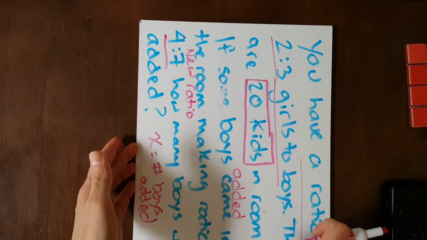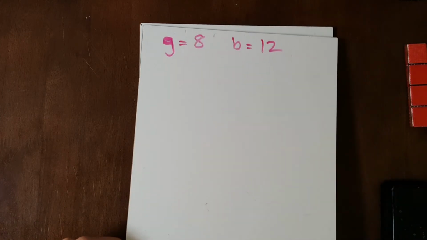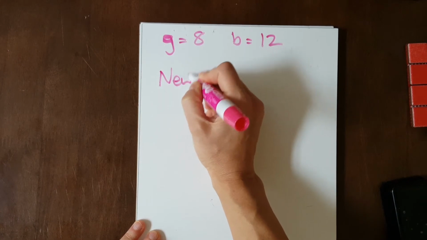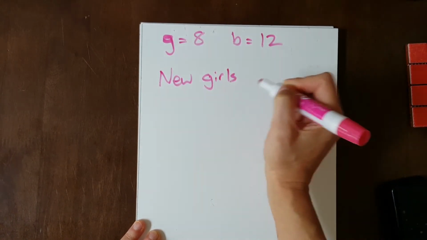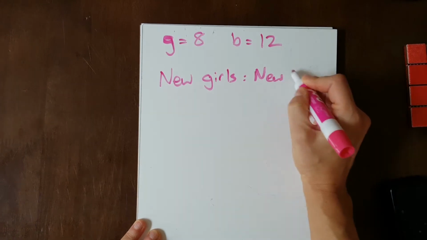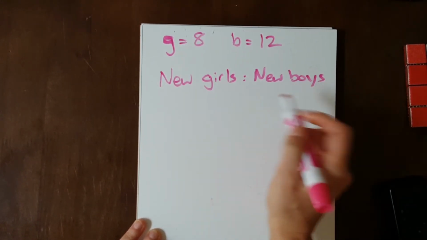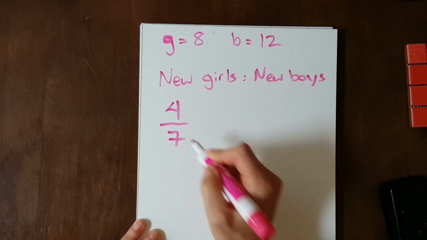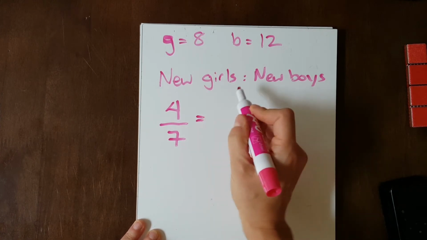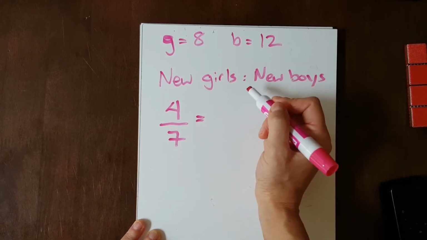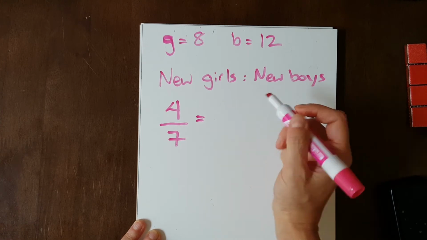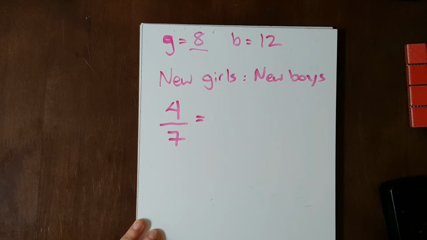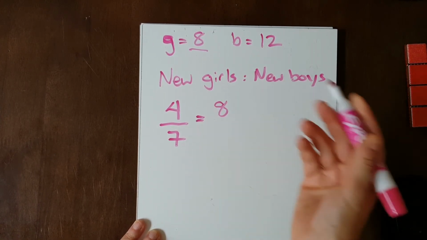So we have our new girls to new boys, and we know our new girls to our new boys is 4 to 7. Our new girls are going to be the same because nothing changed with our girls, so there are still going to be 8 girls.